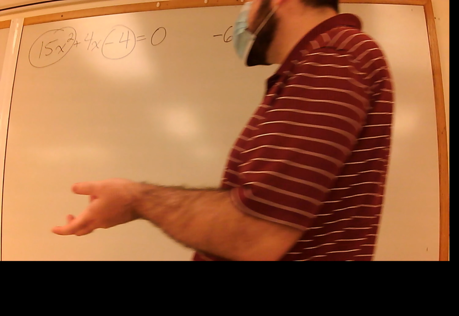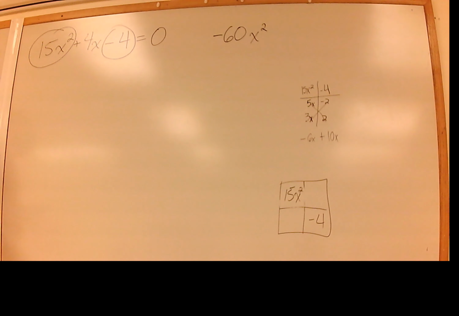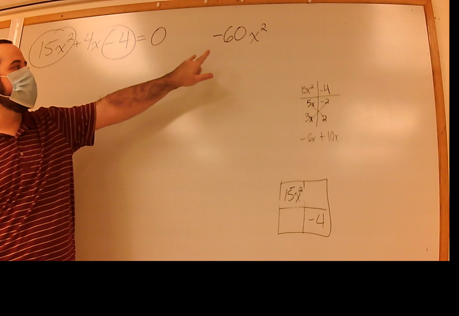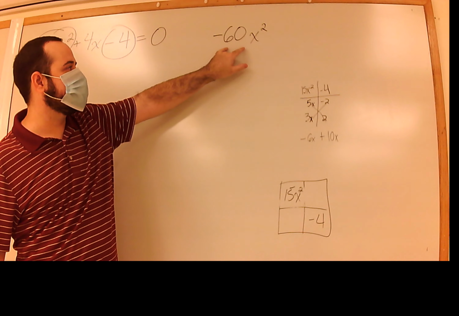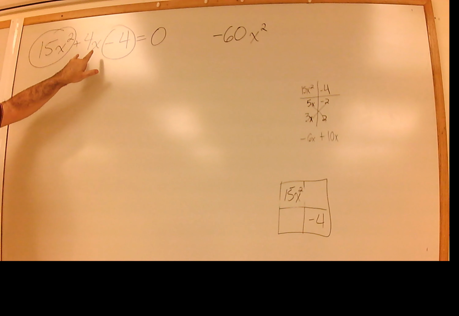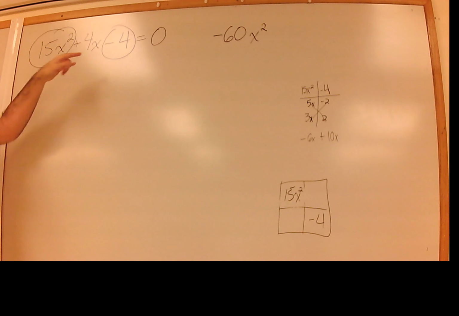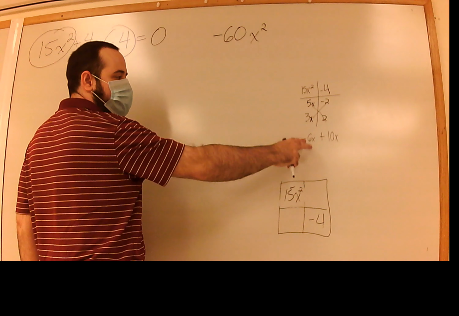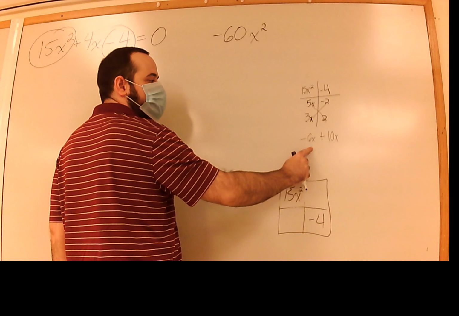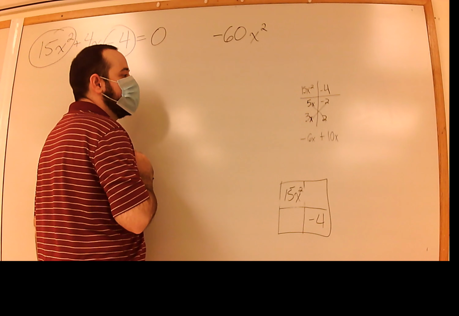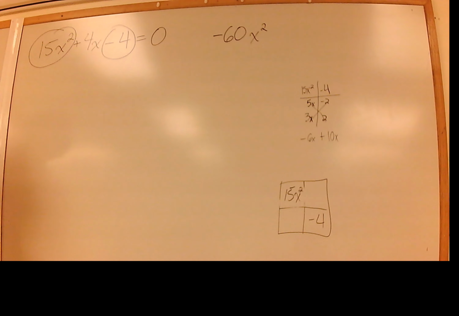The way I usually teach it now is we're multiplying them together, and then we're looking for factors of this that will add together and give us the positive 4. So you can do that any way you want to do it. I mean, this is finding those. So yeah, positive 10, negative 6. That's right.